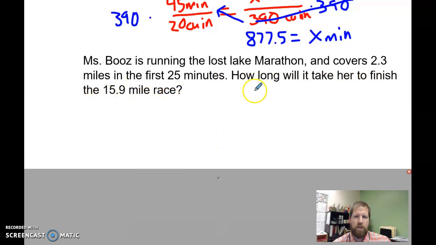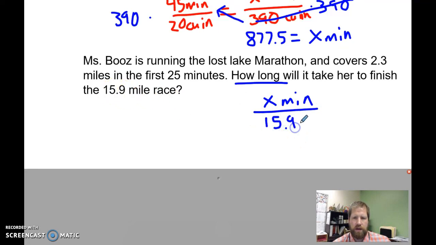Well, what are we looking for? We're looking for time again, right? How long is it going to take? So x minutes over the 15.9 miles. Oh, I got minutes and miles, so I'm going to have to be careful with my units.